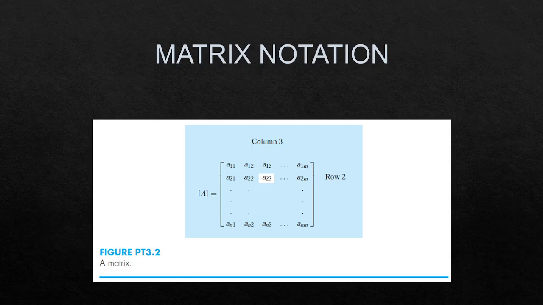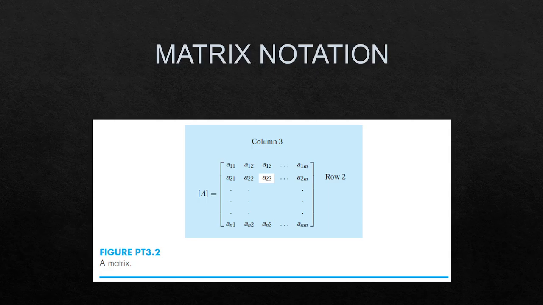So, matrix notation. I will be fast with this one because I think it has already been taught to you in your previous studies. This is a matrix. Usually you have an array of columns and rows, with values in columns and values in rows.